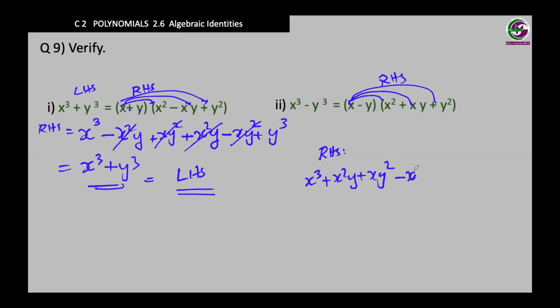We can write x square y minus and plus is minus xy square, minus and plus will be negative y cube. x square y positive, x square y negative. xy square positive, xy square negative. So we are left with x cube minus y cube, which was the LHS. So these two are verified.